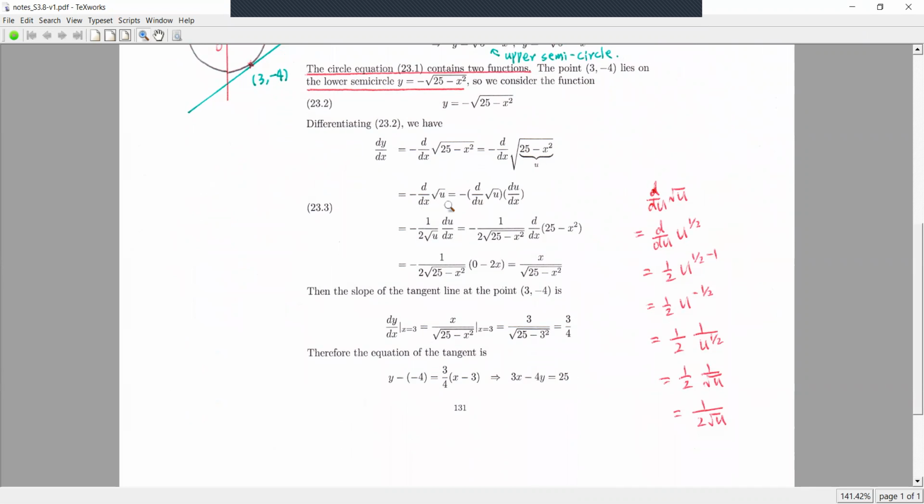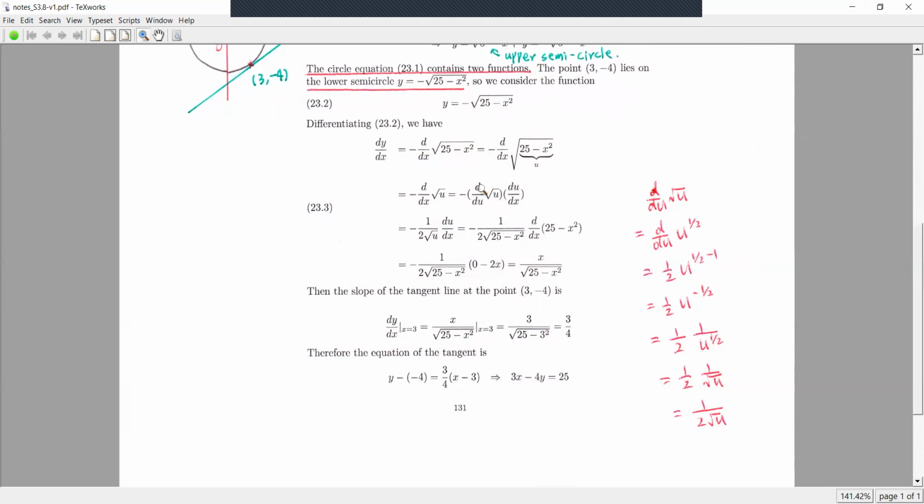Now we need to compute this derivative. Because x and u are different variables, before we can compute this derivative, we need to apply the chain rule. We insert du in the denominator and du in the numerator. Then this derivative is equal to the product of these two derivatives.